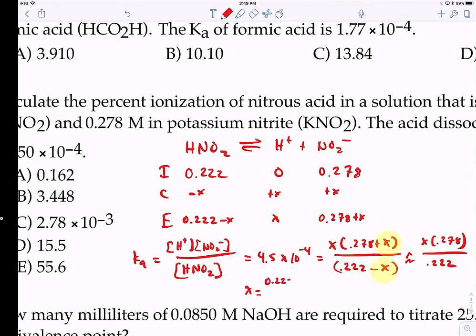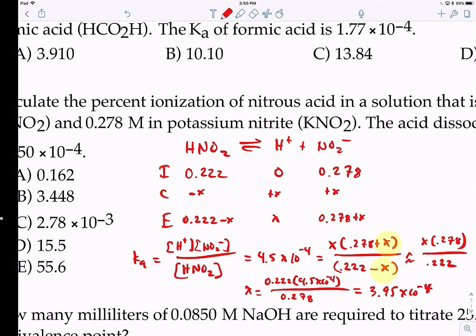So 0.222 times 4.5 times 10 to the minus 4, all over 0.278. I'll go ahead and calculate this out. So 0.222 times 4.5 divided by 0.278, and this is 3.95 times 10 to the minus 4.